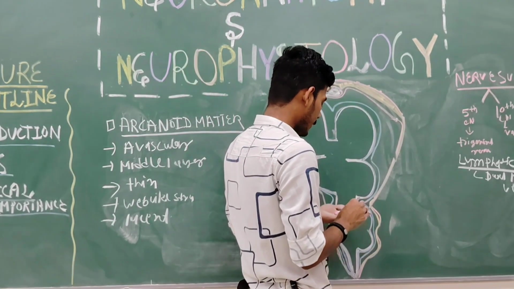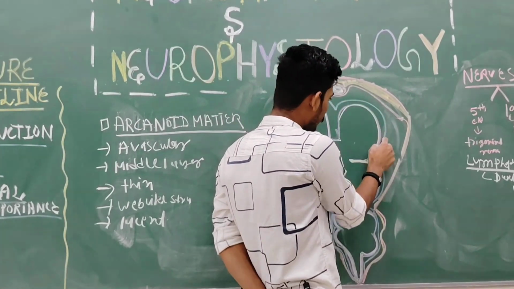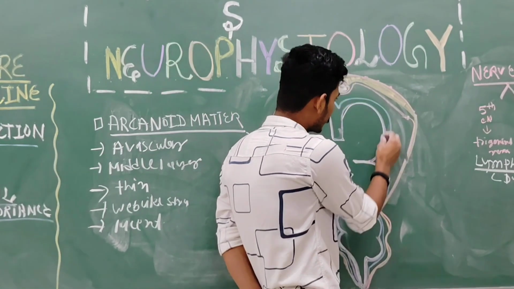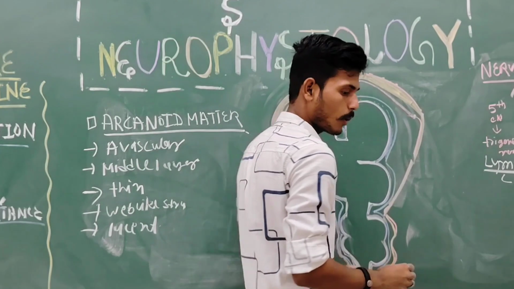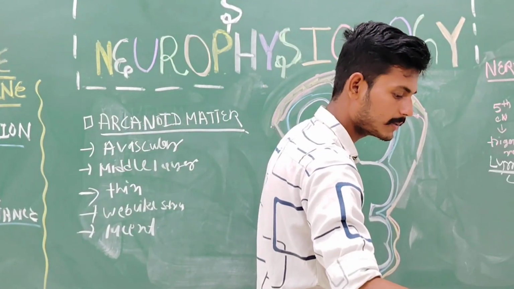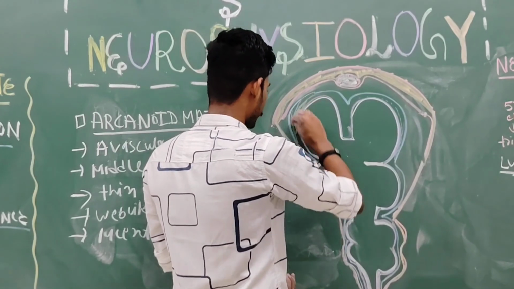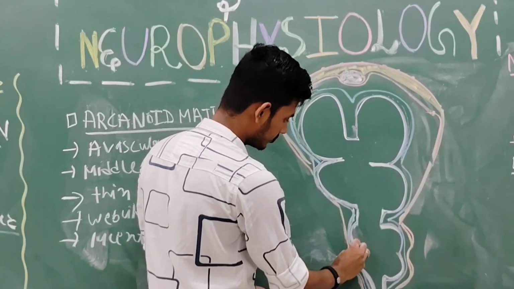Now the thing you should remember is that the space between the arachnoid mater and the pia mater is a very important space. Why am I saying it's important? I'm just highlighting this space so that you can visualize it properly.